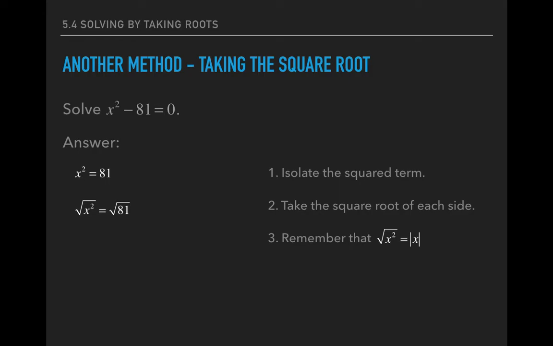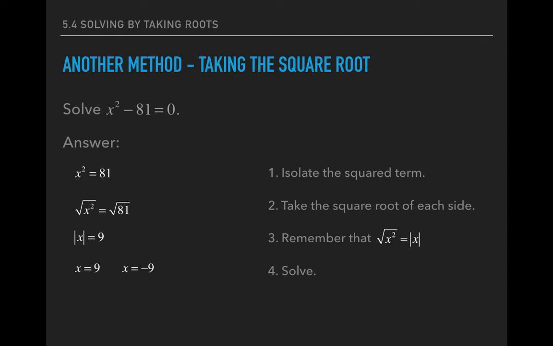The square root of x squared actually means its absolute value. So really we're looking at the absolute value of x giving you 9. And if we solve that, x could be 9 or negative 9.